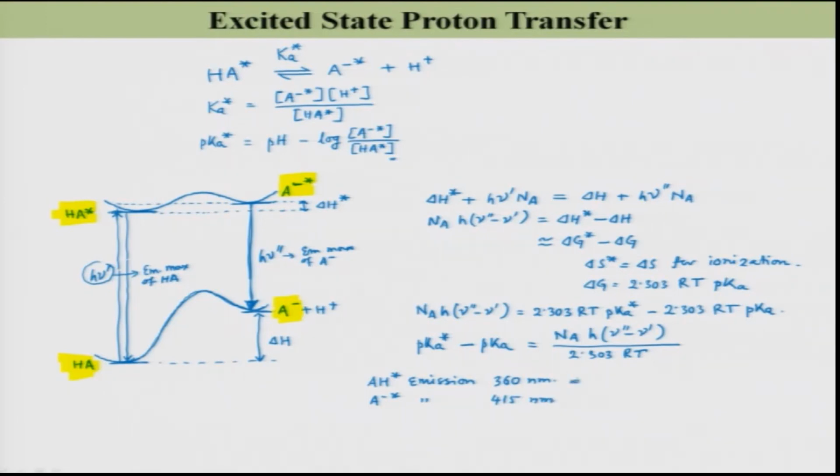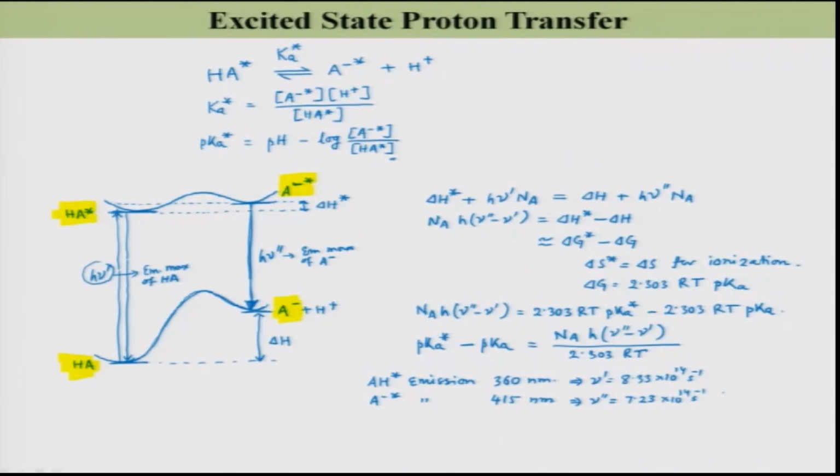So, from here I can calculate nu bar equal to 8.33 into 10 to the power 14 second inverse, and from here nu double prime is equal to 7.23 into 10 to the power 14 second inverse.